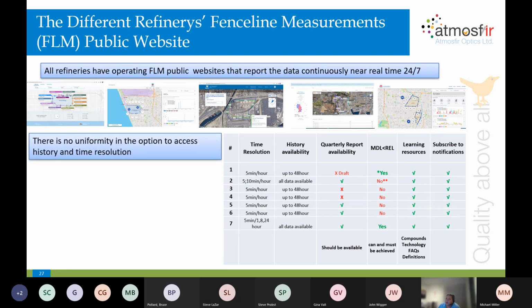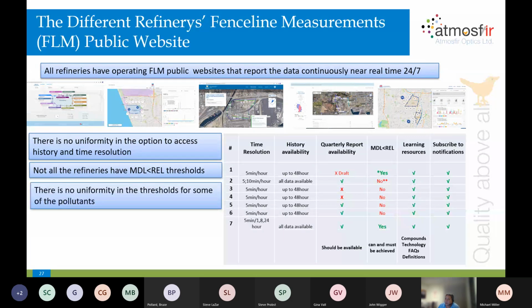So in conclusion, there is no uniformity in the option to access history and time resolution. Not all the refineries have an MDL below the threshold. There is no uniformity in the threshold for some of the pollutants. At least for acrolein, some of them claim that it's 1.1, some of them claim there is none, and some of them claim that it's 30.